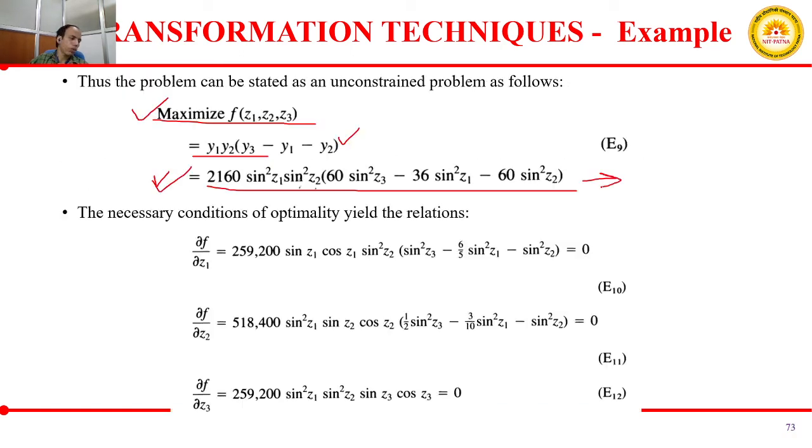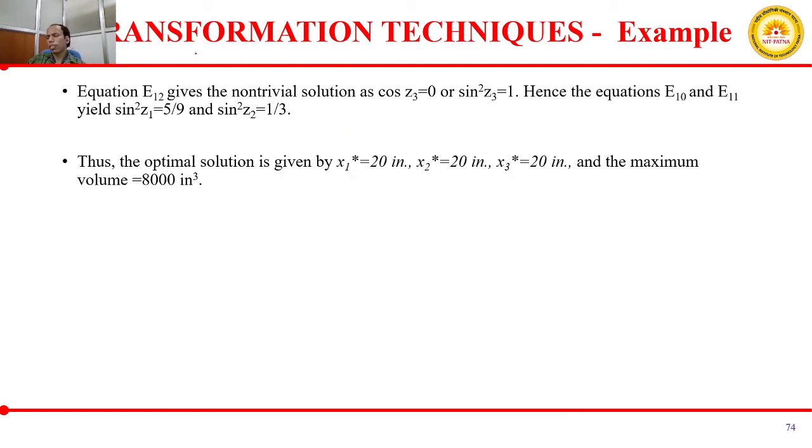Okay, so for solving unconstrained problems, we have already discussed multiple methods in your module 3. You can use any method convenient to you, and once you apply any of the methods, you will get this solution for your variables, that is cos z3 will be equal to 0, sin square z3 will come equal to 1.